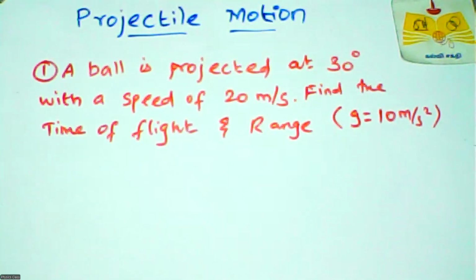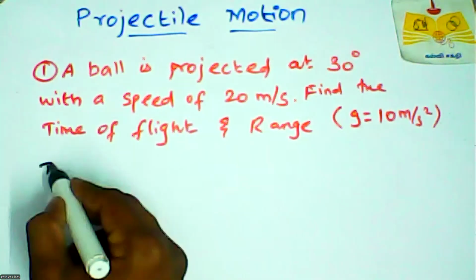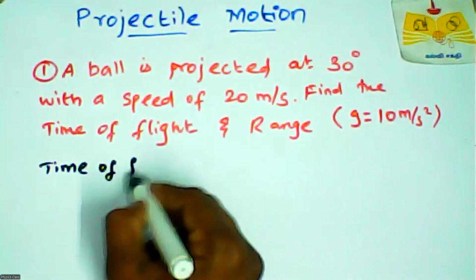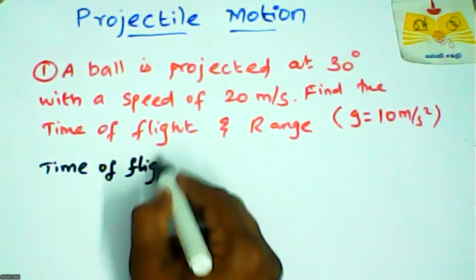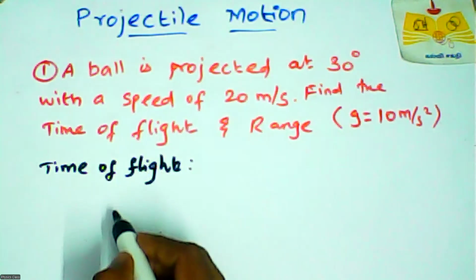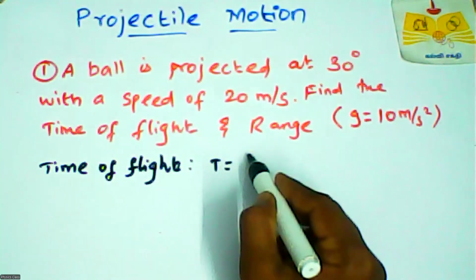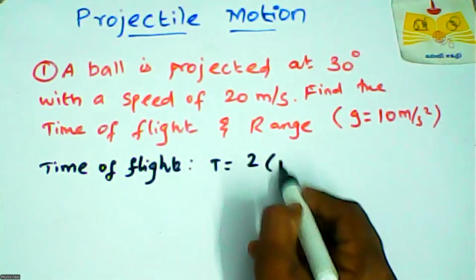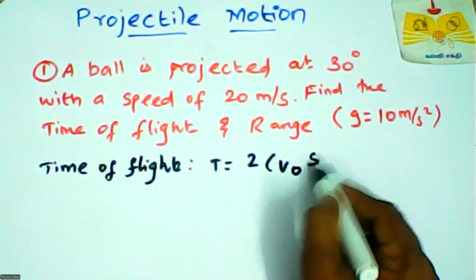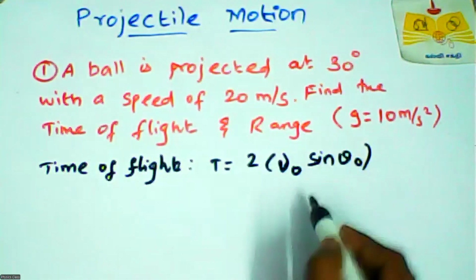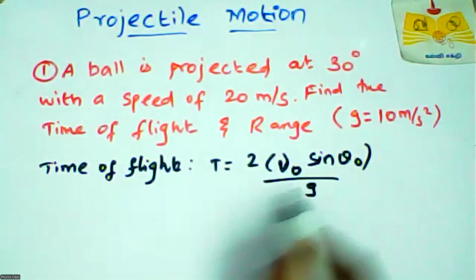So time of flight. Already we know the equation: T is equal to 2 V naught sine theta naught by g. Is it correct?